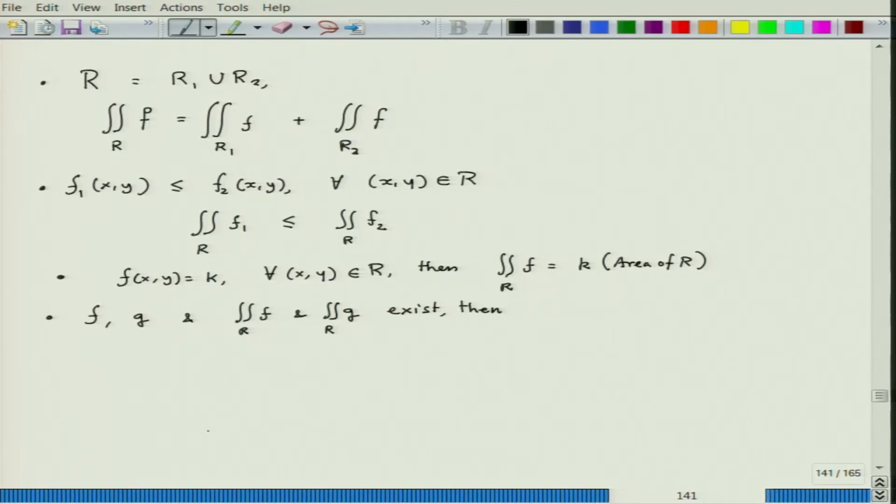Then of course you have the integral of f plus g is integral over R of f plus integral over R of g. All these shorthands are because I want to put in a lot of stuff in this page.